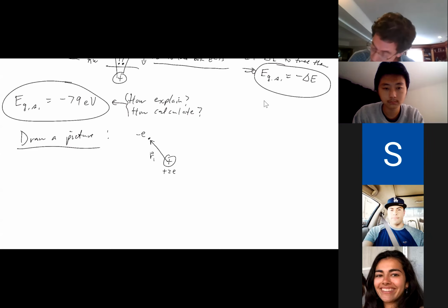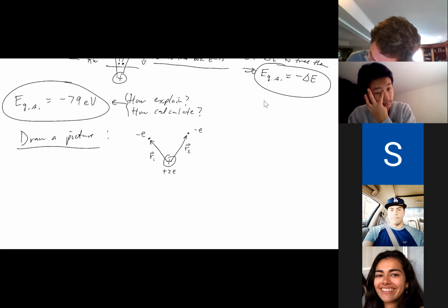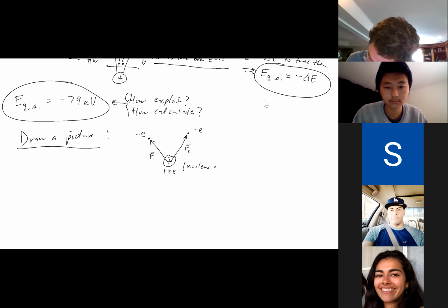And then I'm going to have electron 2, and this is the position of electron 2, R2. And let's put the nucleus at R equals 0.